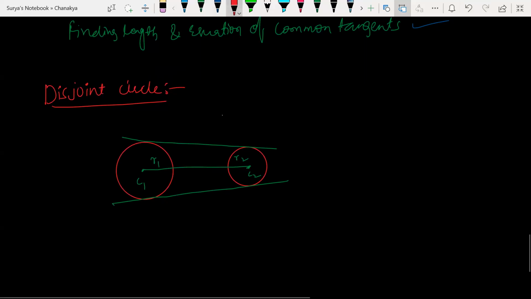Look at this now. If I draw tangents like this, this is a tangent. Common tangents. ठीक है?